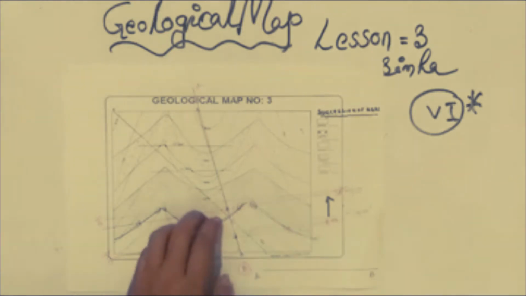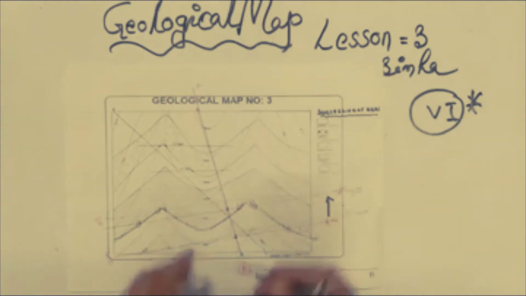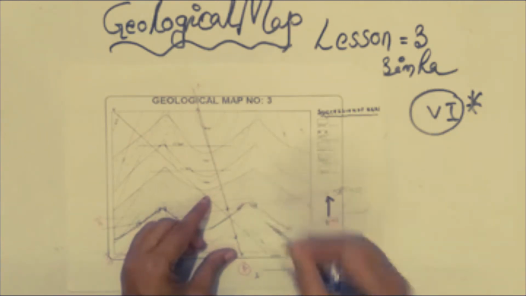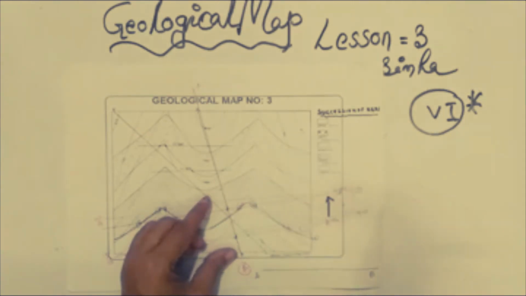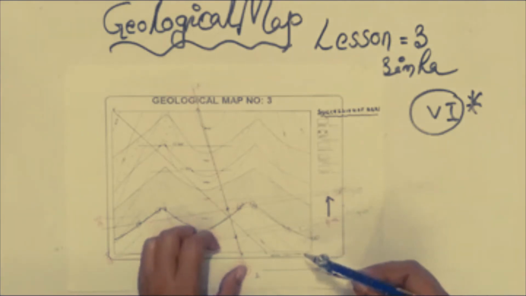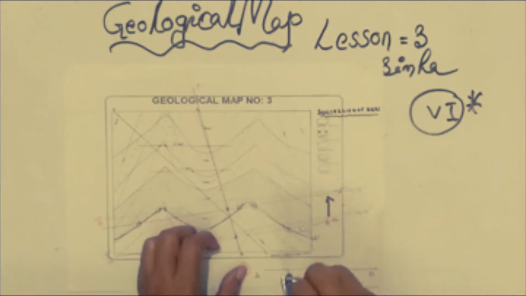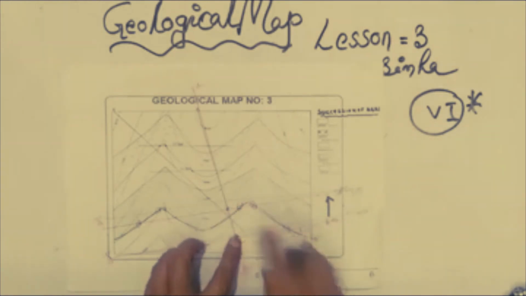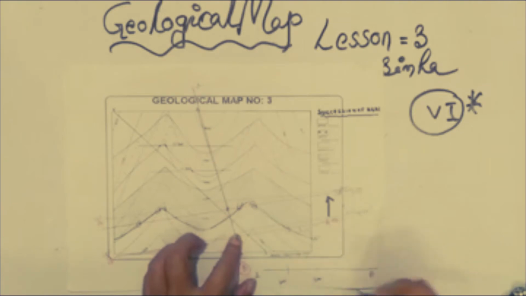So with the help of a compass or divider, we can take this linear distance. This is the point of 300 feet. This is the point of 400 feet. Suppose according to this scale, 1000 feet is equal to 1 inch.